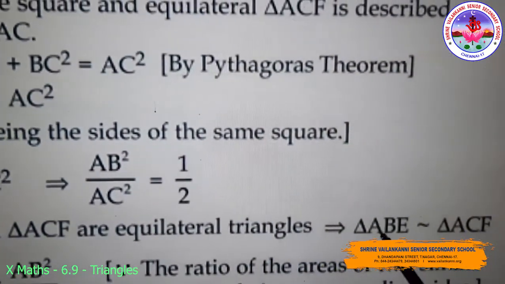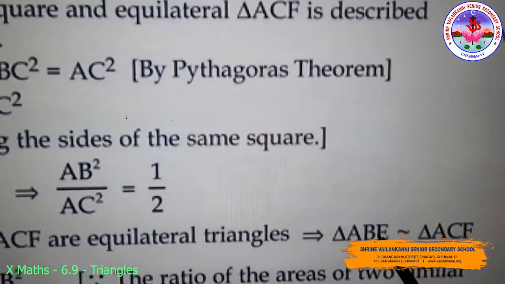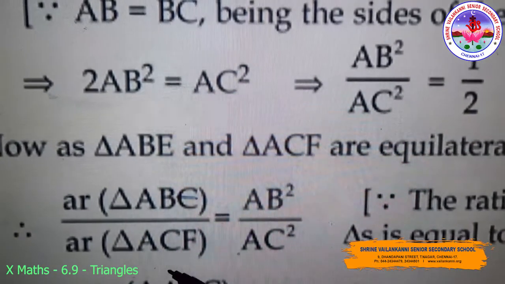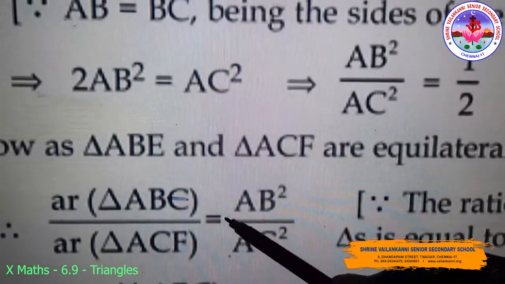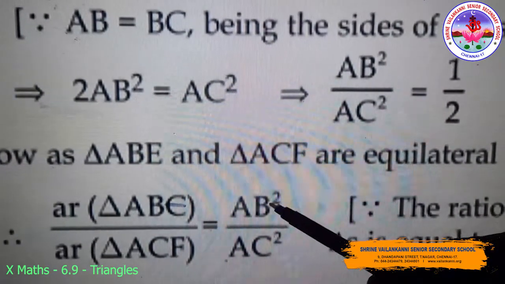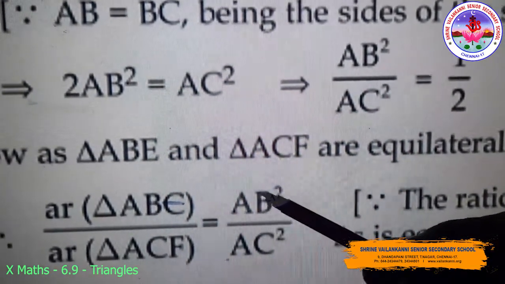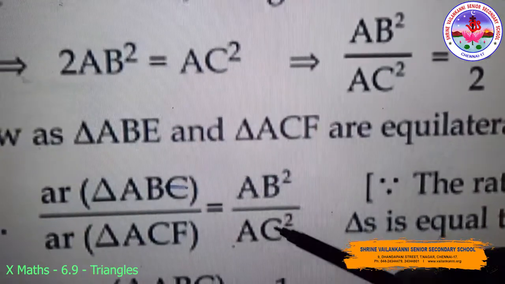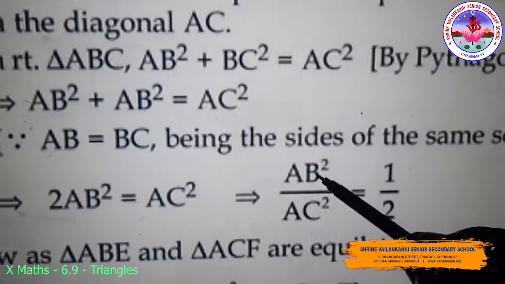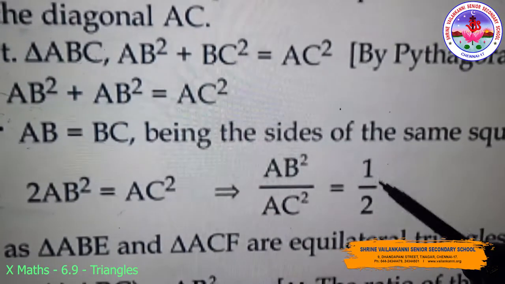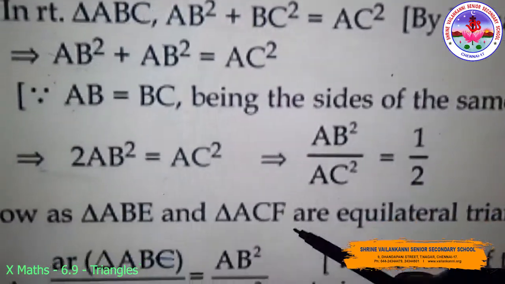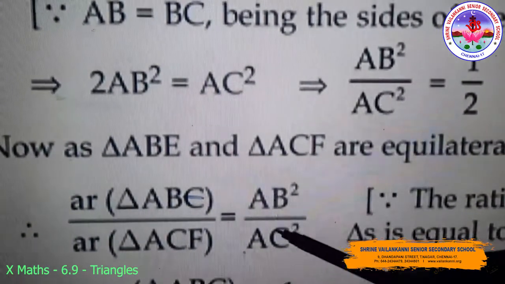I proved that these two triangles are similar. Therefore, area of triangle ABE by area of triangle ACF is equal to the ratio of its corresponding sides squared. I am taking side AB from triangle ABE and side AC from triangle ACF, because already I proved that AB square by AC square is equal to half.